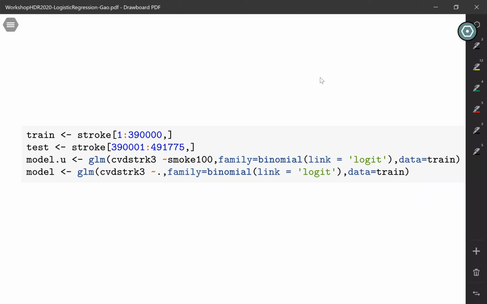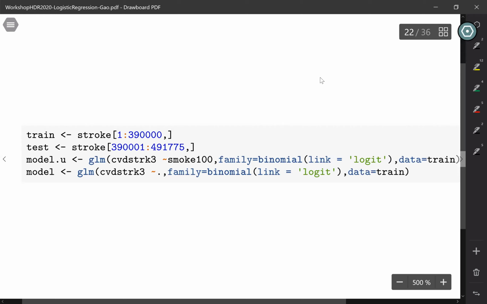Here I use the index of the rows to split the data for you to understand easily. So I use the first row up to 390K for the training part, and then the rest of the data for the test part.